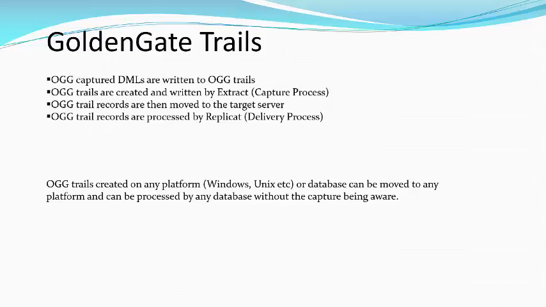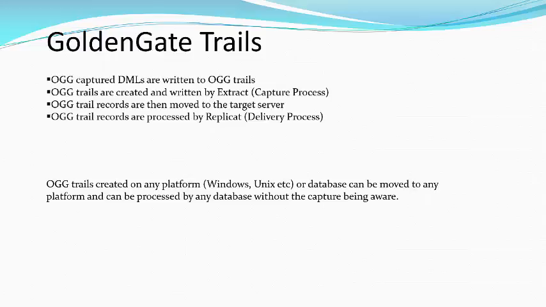The other really interesting fact about GoldenGate trails is that they can be created on any platform. If you have an Oracle database running on Linux, it's created on a Unix platform, and it could be reading an Oracle 12c database.